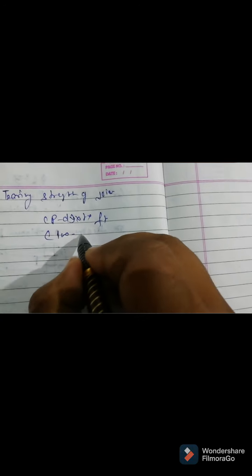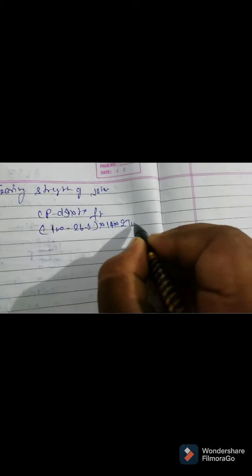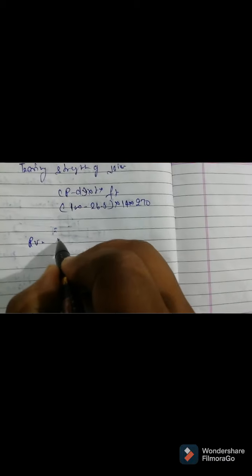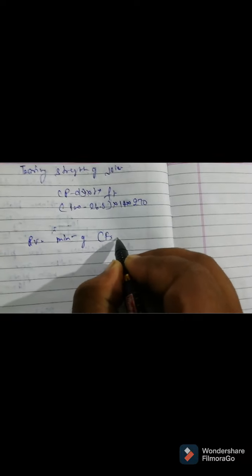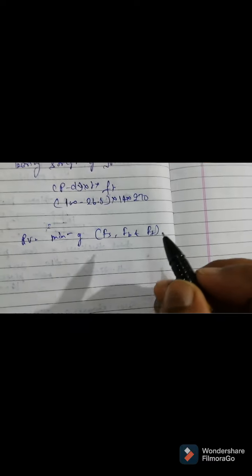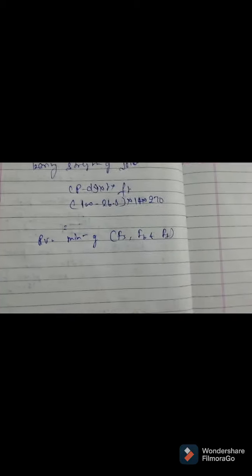So P is 100 minus d, that is 26.5, into t, that is 14, into ft, that is 270. Solve this. So now here the rivet value RV is the minimum of Fs, Fv and Ft. The reason is already discussed. So now we are going to calculate here.